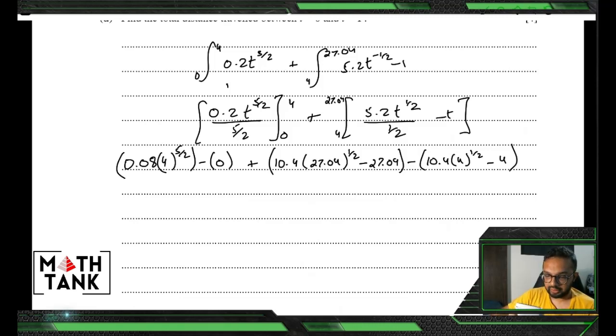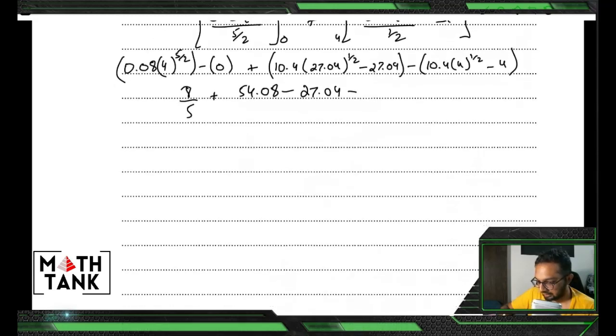So 0.08 into 4 power 2.5 gives me 8 over 5, plus 27.04 power 0.5 into 10.4. That gives me 54.08 minus 27.04. At 104 over 5.